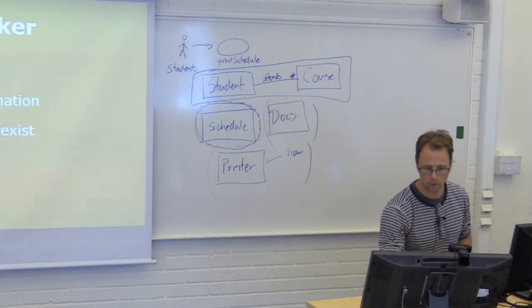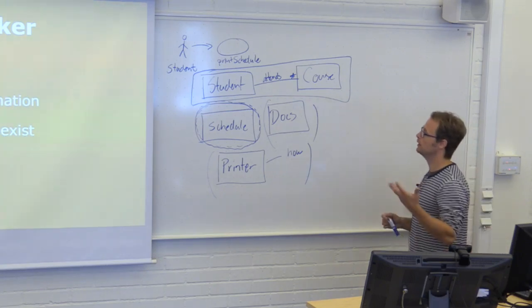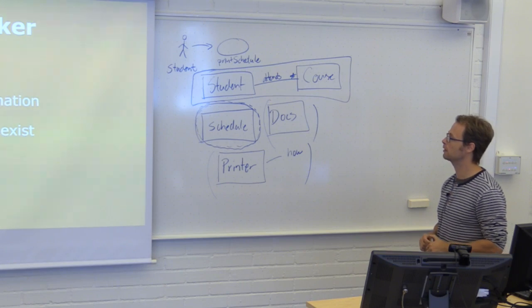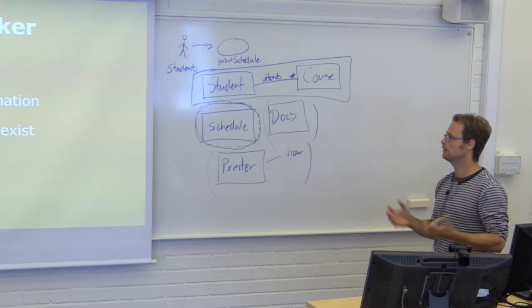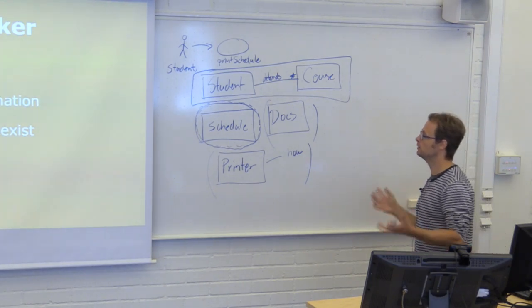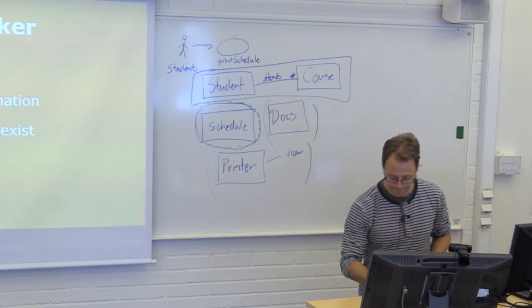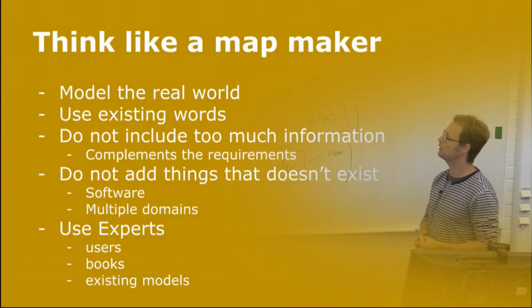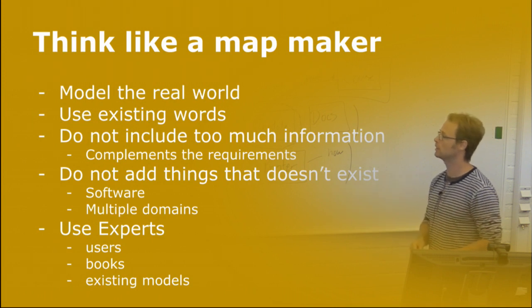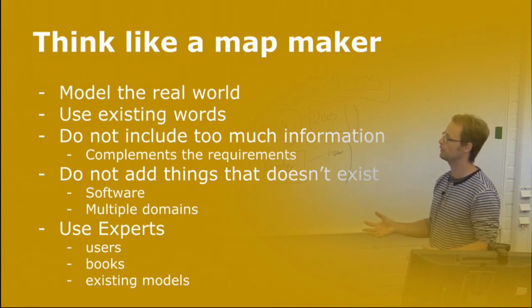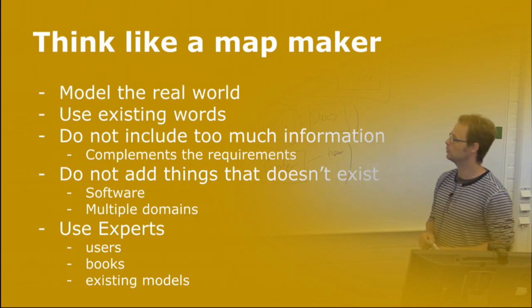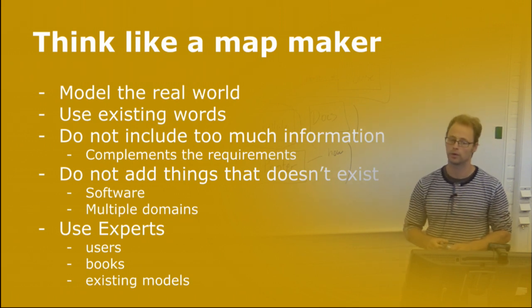Right? So how should we think? Well, in the book, he thinks that we should think like a map maker. And I think that makes a lot of sense. We are trying to do a visual map over some problem area. And map makers tend to want to do maps for the real world.